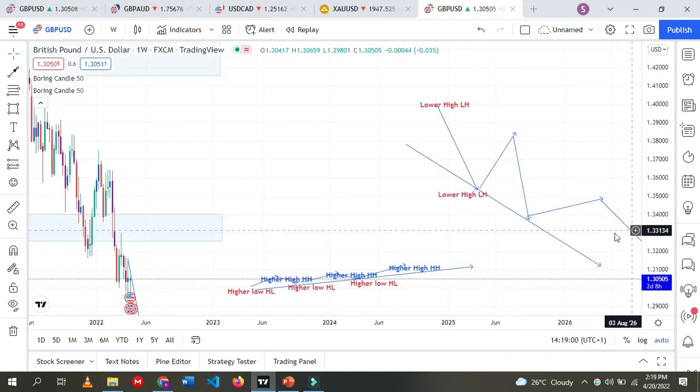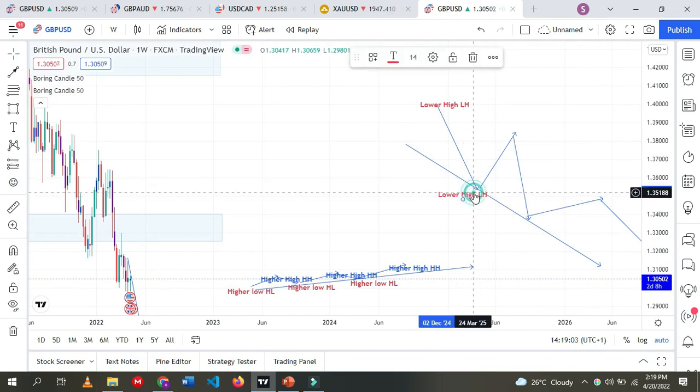I couldn't draw it perfectly, but this is a lower low.